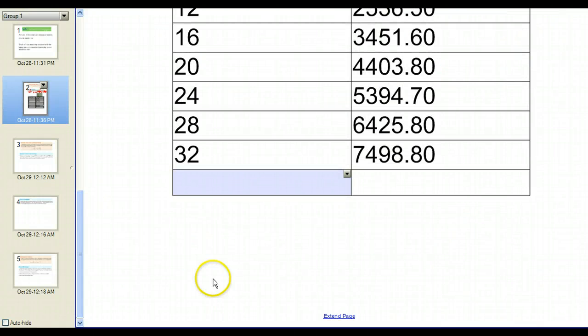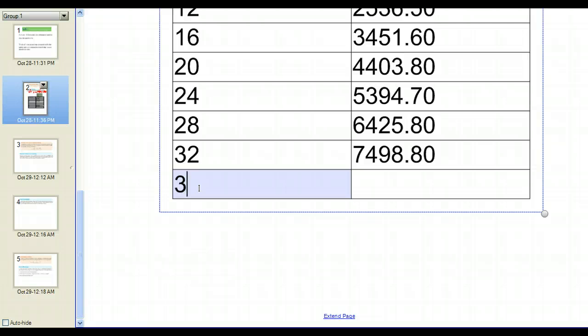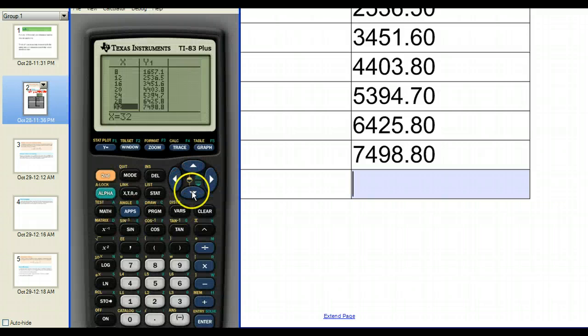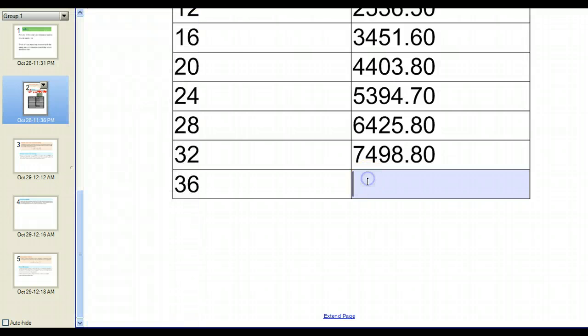I stopped at 32, so 36. Alright, 86, 15, 40. So that's how much money we've made putting in that $200 a month for 3 years.